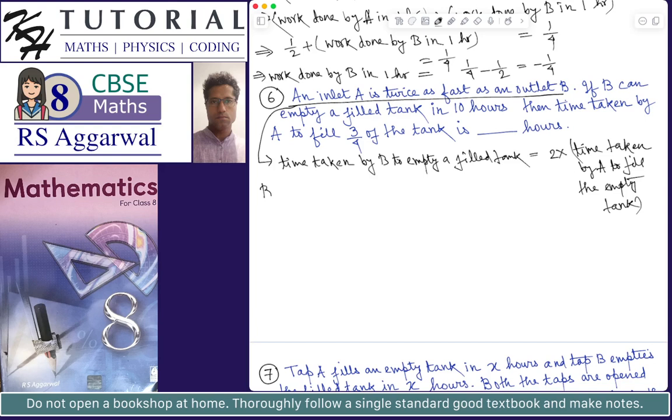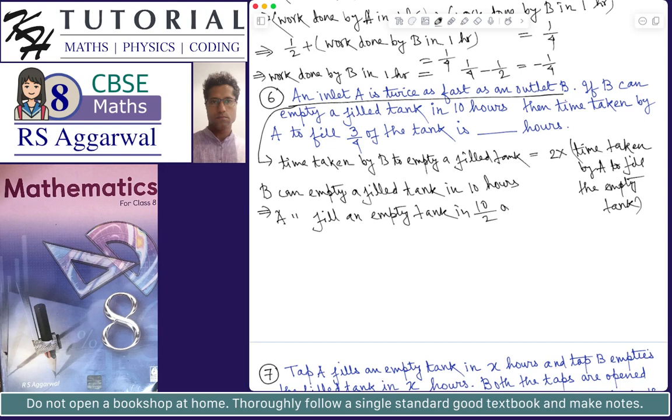Now B can empty a filled tank in 10 hours, which will imply, since A is twice as fast as B, that A can fill an empty tank in 10 by 2, or 5 hours.